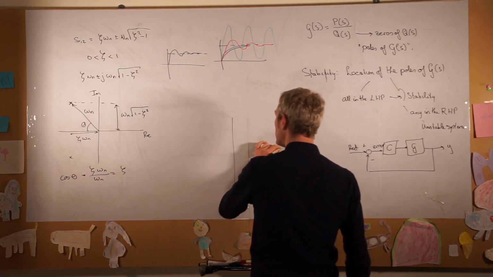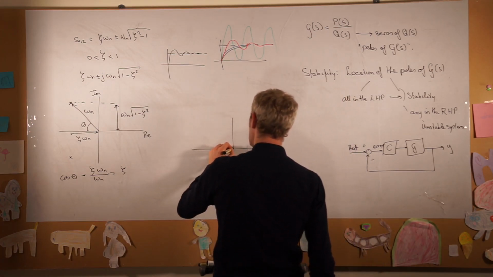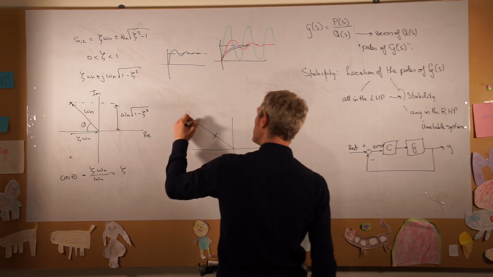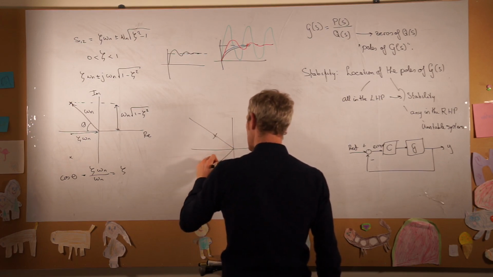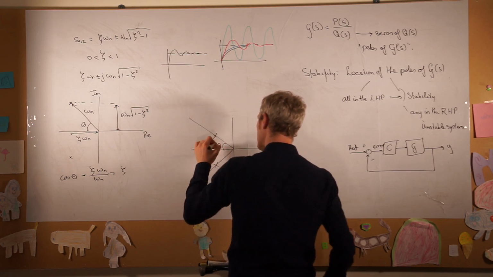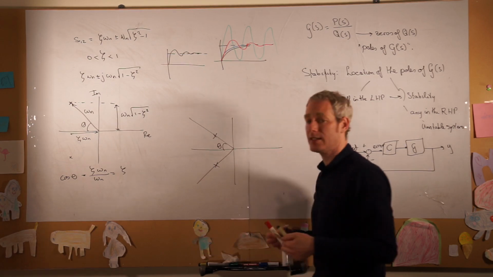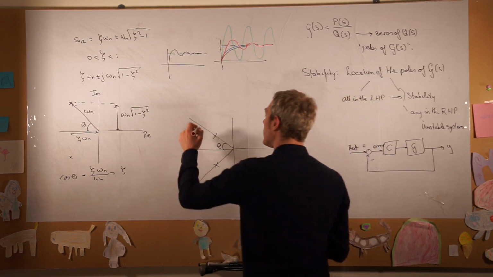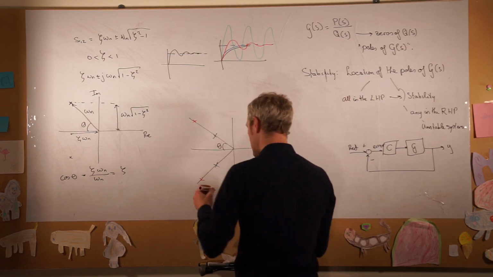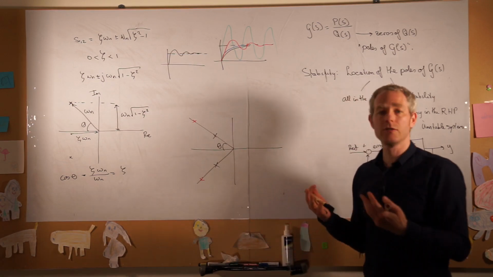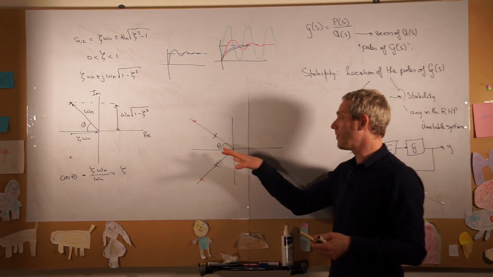If we have two systems with poles on the same line, I know these two systems have the same damping ratio.